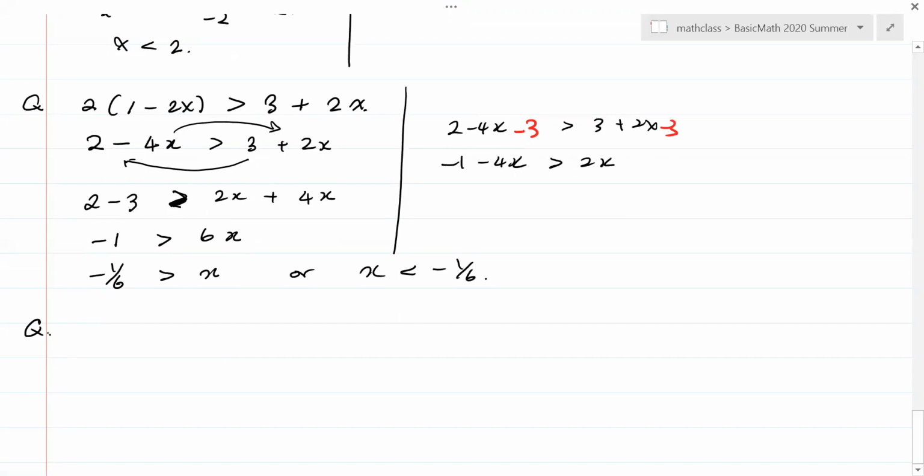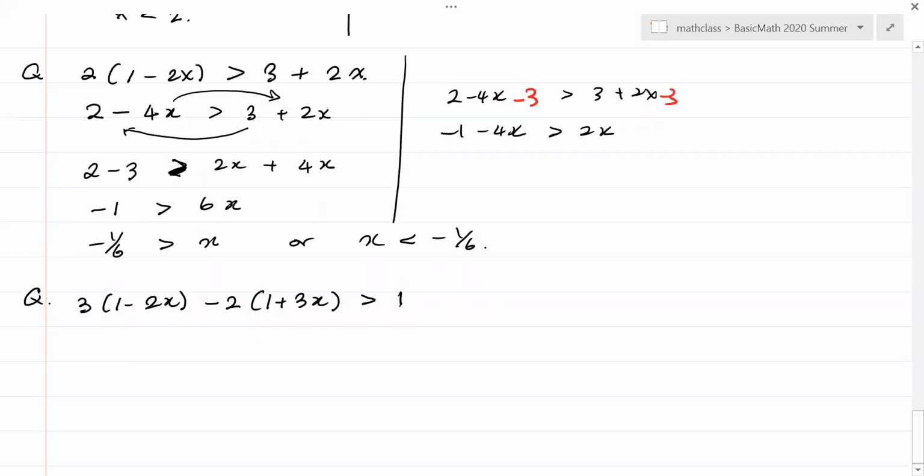All right, here's another one. That would be 3(1 minus 2x) minus 2(1 minus 3x) greater than, well, I'll put a positive here, greater than 1.